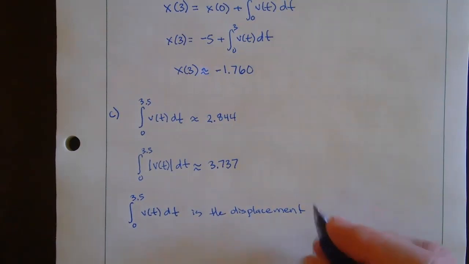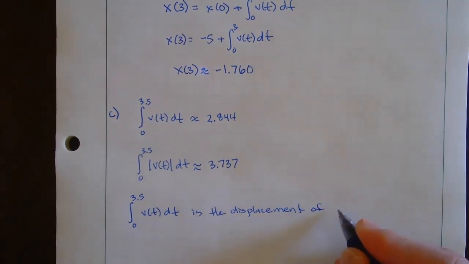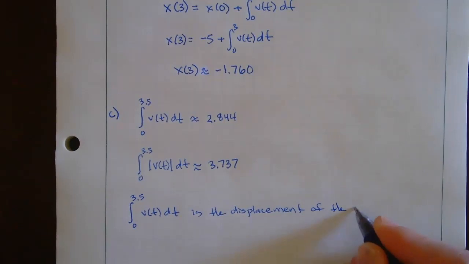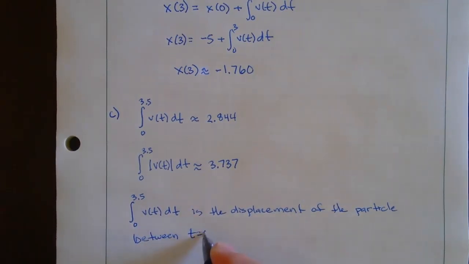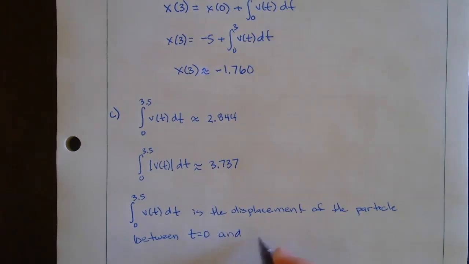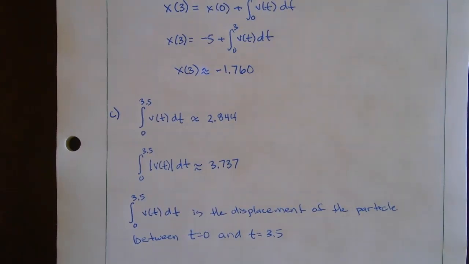It is the displacement of the particle between t equals 0 and t equals 3.5, okay? And I don't think they gave us units on this. No, they didn't. So you can't put units on this time. You don't know if it's seconds or minutes, okay?